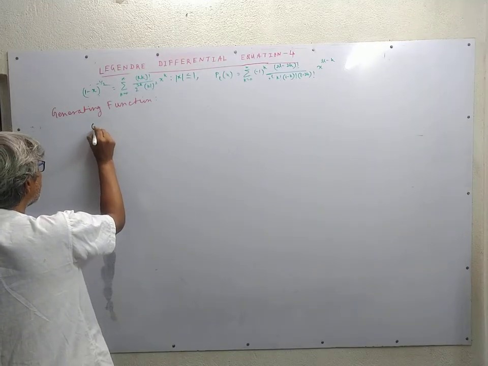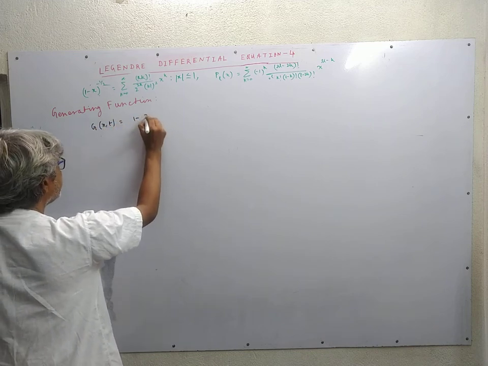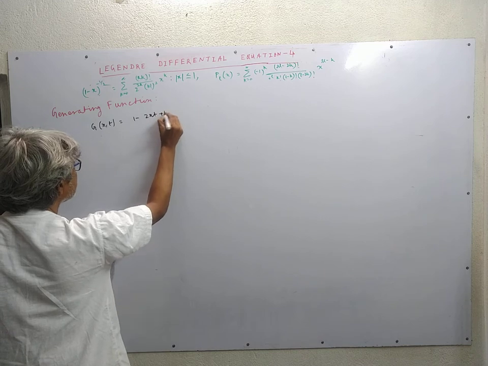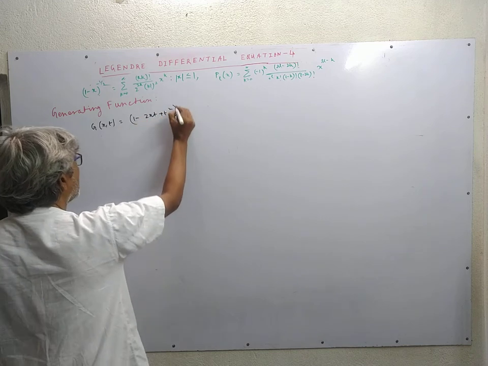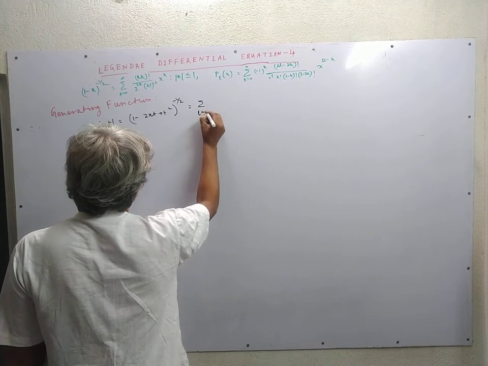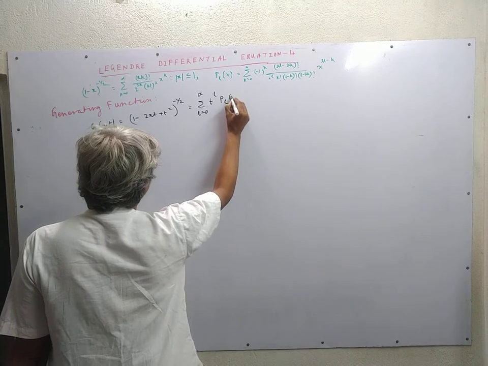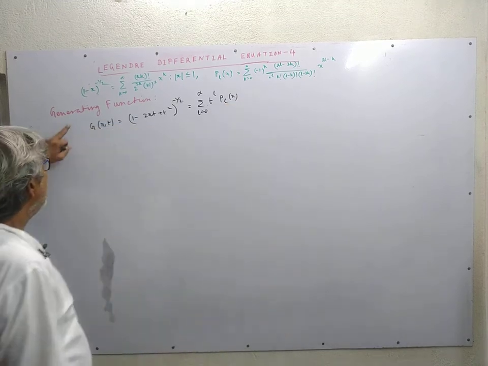Consider the generating function g of x, t is equal to 1 minus 2xt plus t square to the power minus half is equal to summation over L is equal to 0 to infinity t to the power L PL of x. This is the generating function.